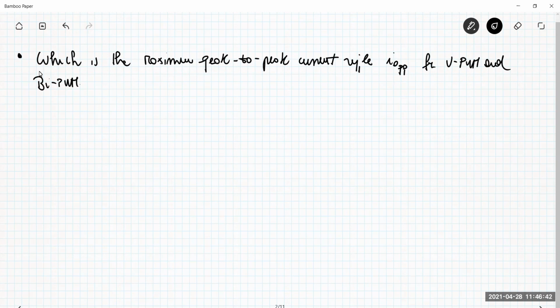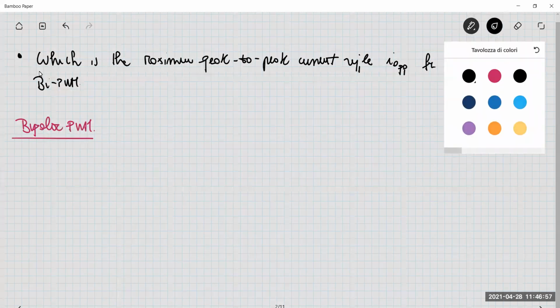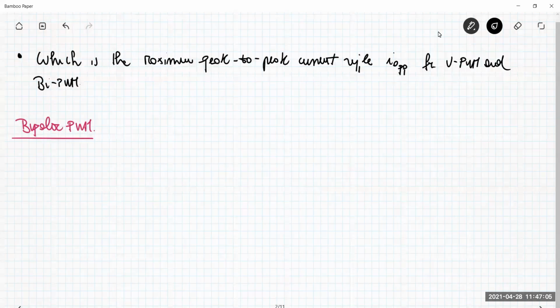Let's start with the bipolar pulse width modulator, because this is a little bit simpler than the case of the unipolar one. Remember that we already had this computation for the two-quadrant converter, okay?